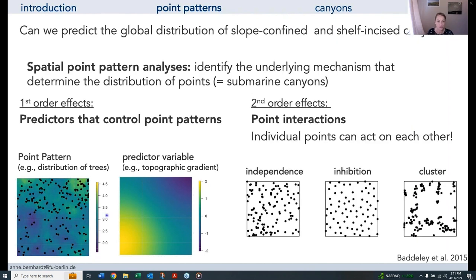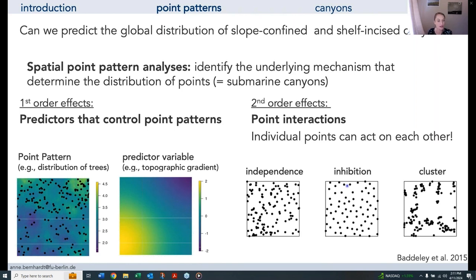These are the first order effects, where predictor variables control point patterns, but we can also very elegantly test for second order effects, if points interact with one another. This is a completely random point pattern where points do not act on one another, but this, for example, is an inhibited point pattern.